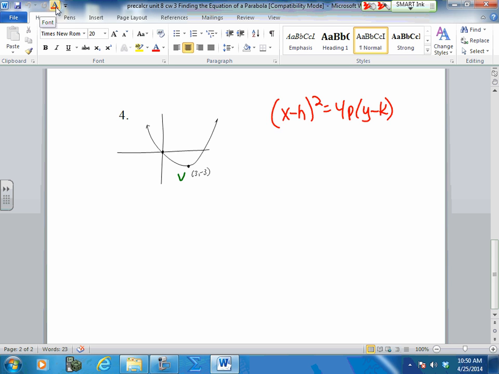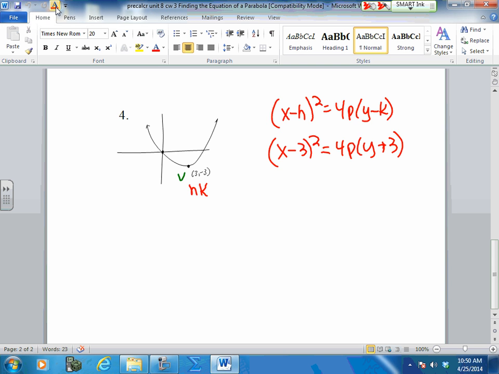What's the vertex? So, first thing to do, plug the vertex in. X minus 3 squared, y minus a -3 gives me a positive, right? So put the vertex in.